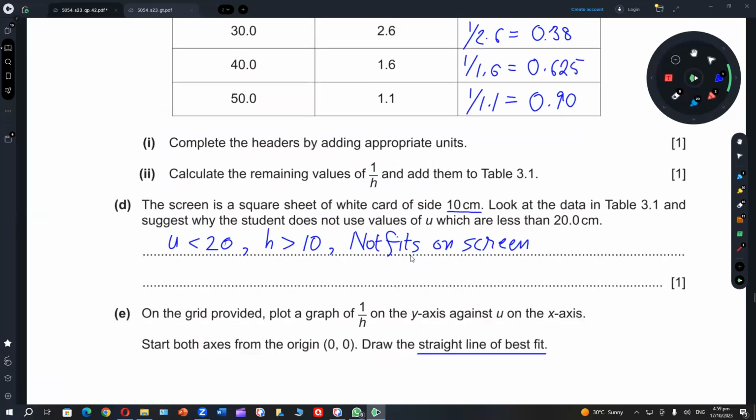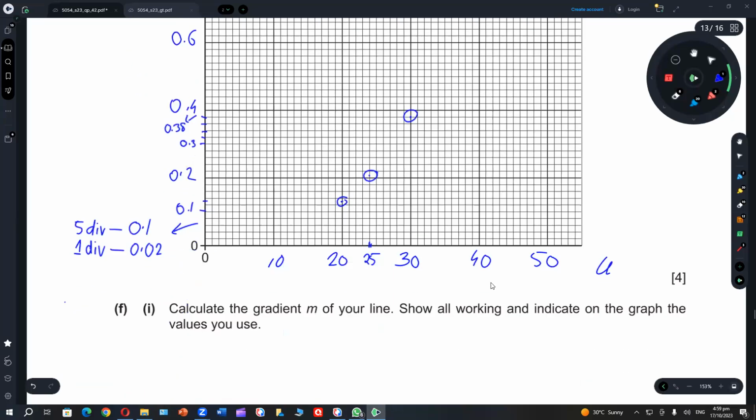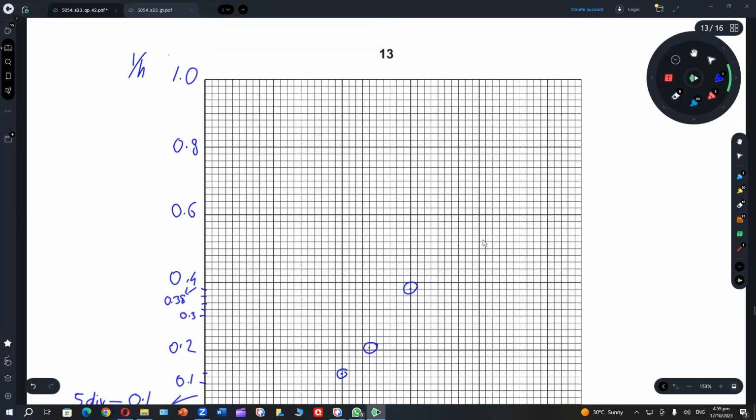Then on 40, 0.625. 0.6, 0.62, and slightly above that.